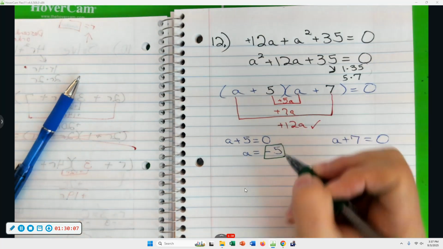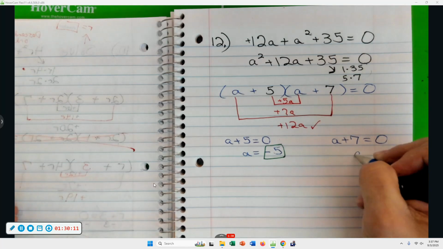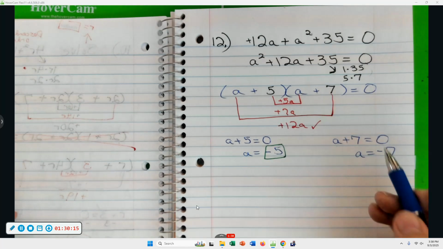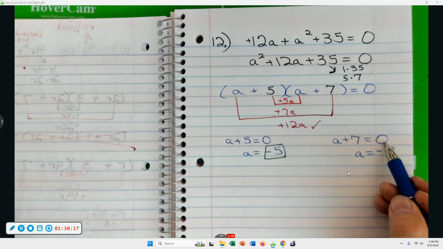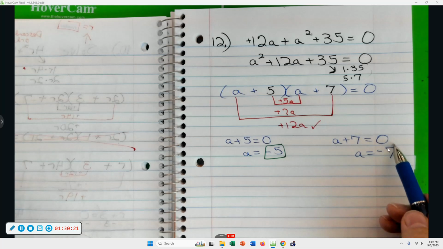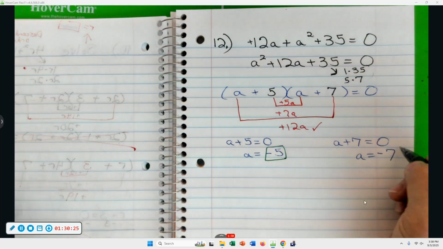So there's one of the solutions. The next one, a equals -7. We subtract 7 on both sides, or you can just think of picking it up, moving it over, and changing the sign the way I learned it years ago.